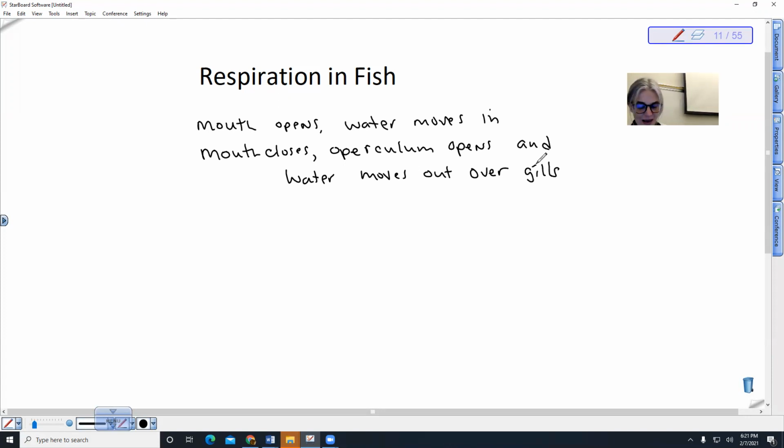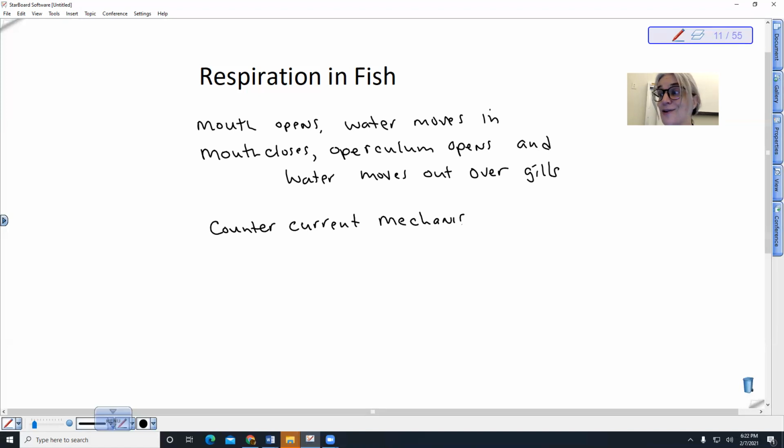Okay. Now remember that the gills are thin. They're obviously moist because they're in direct connection with the water so that the oxygen can be dissolved in water. It diffuses from a higher concentration to a lower concentration. But when we look at respiration in fish, they actually have an interesting mechanism, and it is called the countercurrent mechanism.